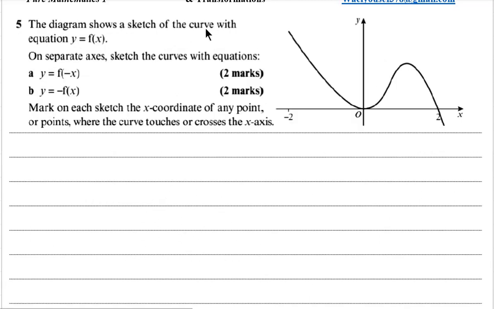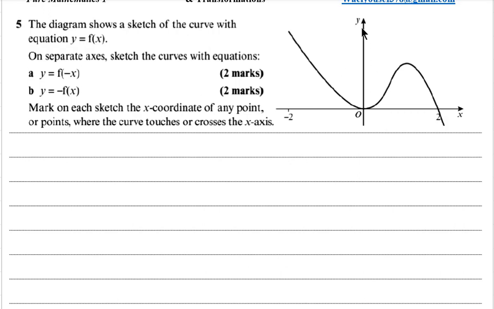Question 5. The diagram shows a sketch of the curve with equation y equals f of x on separate axes. Sketch the curve with equations a, y equals f of negative x, b, y equals negative f of x. In the first one, all the x coordinates should be multiplied by negative 1, which means that the points which are on the right should be on the left, and those on the left should be on the right.